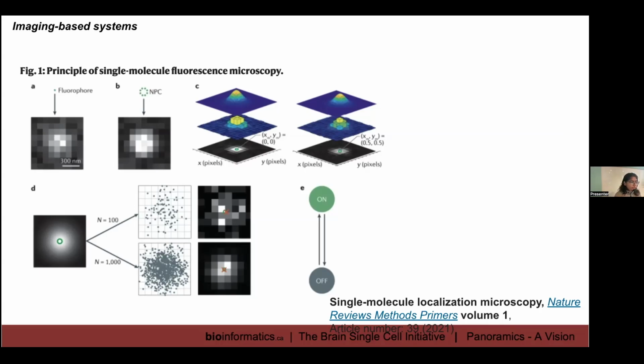Basically, the whole point in all of these microscope-based platforms is to resolve your points from wavelengths, from photons that are emitted. Photons have wavelengths, and this is what we call the point spread function of a microscope.